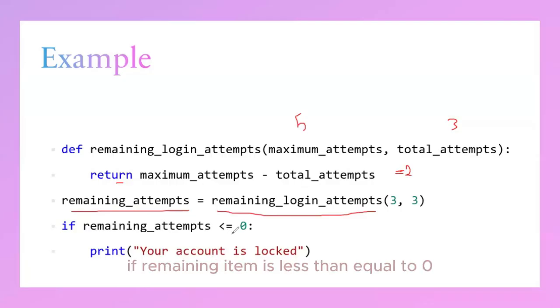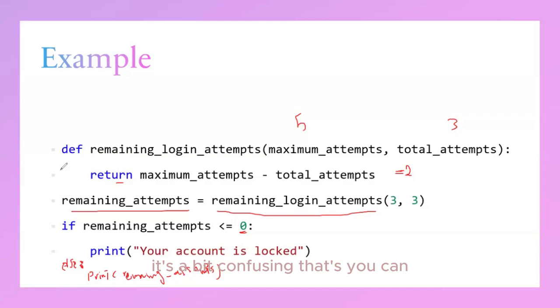If remaining attempts is less than or equal to 0, your account is locked. In this case, your account will be locked. Why? Because 3 minus 3 equals 0, and the remaining attempts will be 0. If we need to print another statement, if remaining attempts is not equal to 0, we can use else and print the remaining attempts.